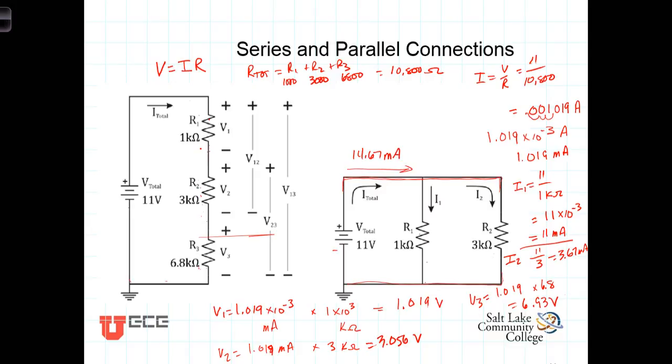We're going to learn later on this structure is known as a current divider. The current coming in, some of it's got to go this way, some of it's got to go that way. All of it has to be accounted for. You can think of this something like water coming to a couple of T's in a pipe. Part of it comes this way, and part of it goes that way. But the total amount of current leaving has got to equal the current entering the connection.